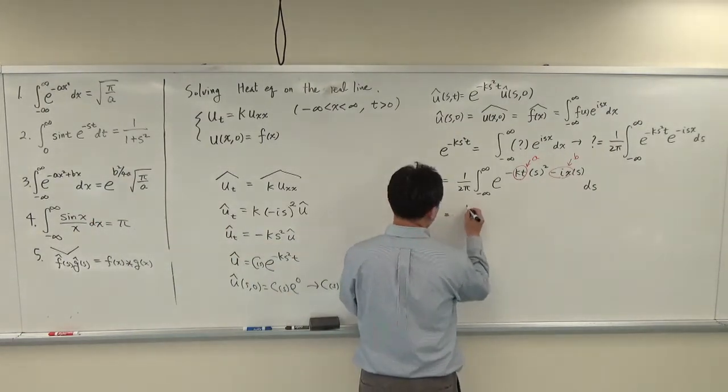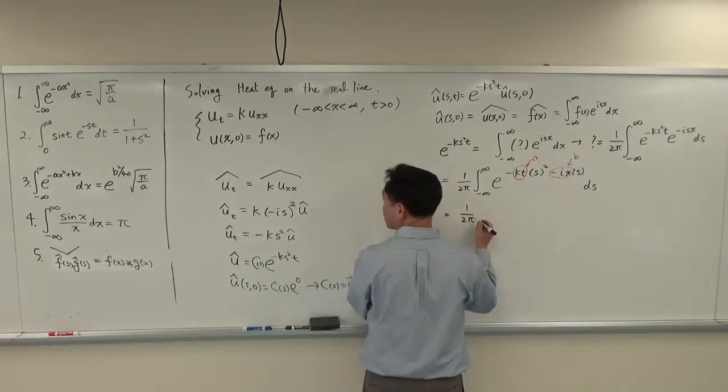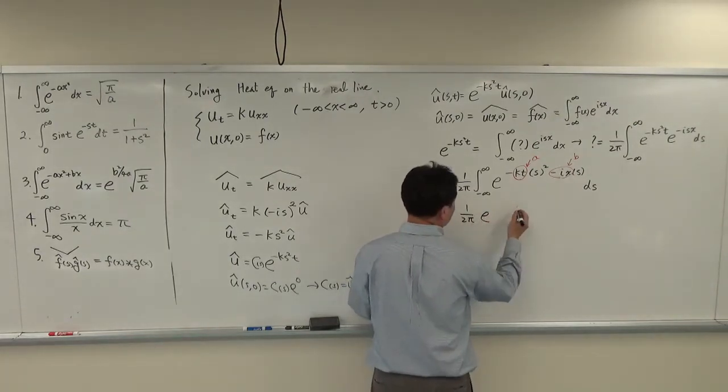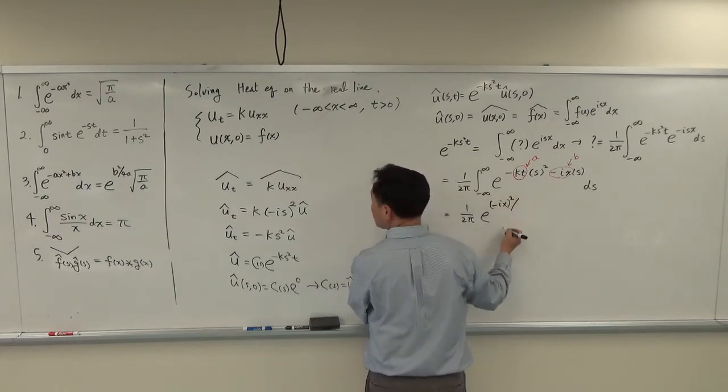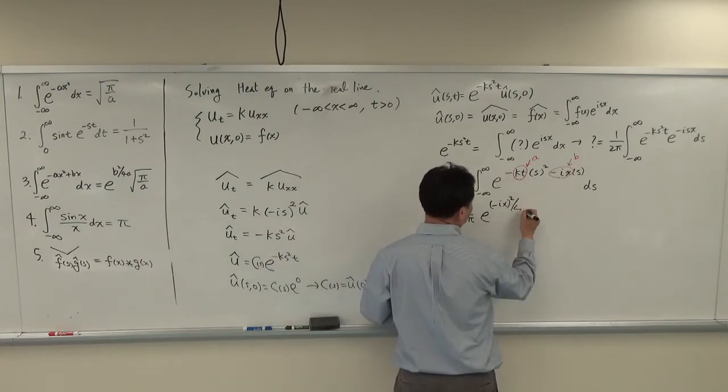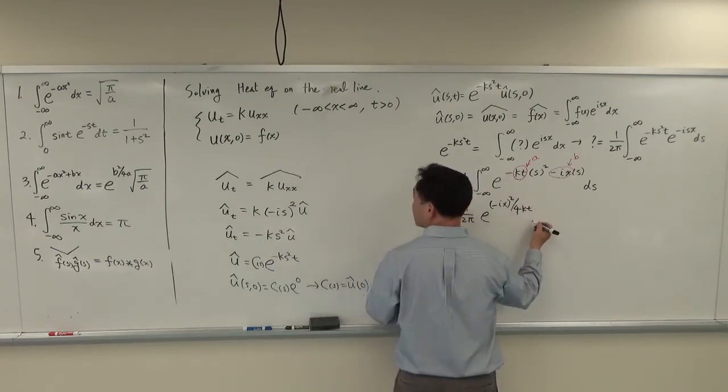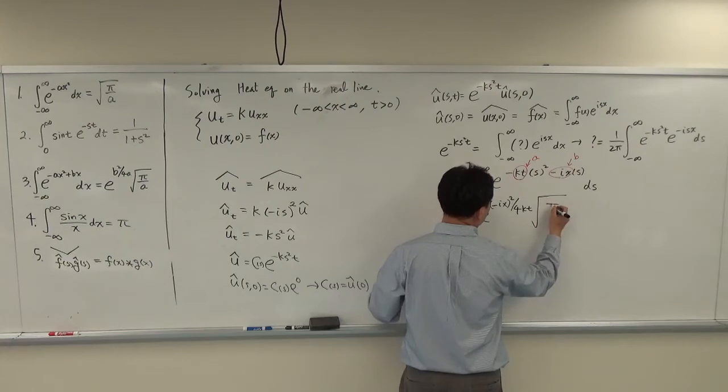So it's going to be 1 over 2 pi, e to the b squared, so it's minus ix squared over 4a, so 4 times kt, square root of pi over a, which is kt.